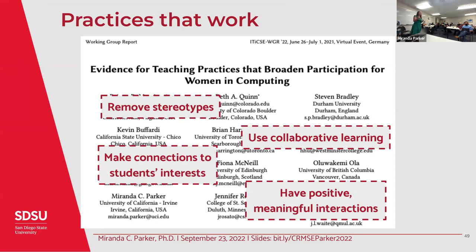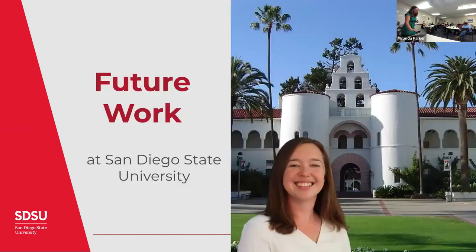I had this slide in my job talk when I was here back in February, and back then my example was a bit more relevant, but it was, you may be interested in Wordle, but your students may not be. So if you have to program Wordle, it may not be motivating for them. So connect to their interests, not necessarily yours, and have positive, meaningful interactions with students. It should not be surprising, and yet these are things that we can do to improve representation.